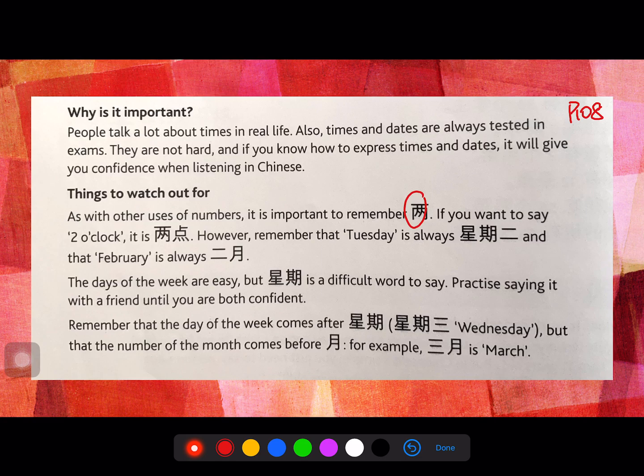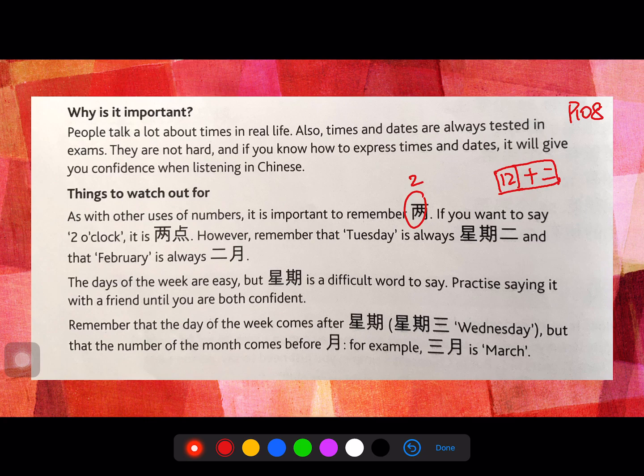No, you only need to change the original number 2 into 两, because other words like 12 are already formed as a new word. 十二, this is a new word by itself. It is nothing to do with 2, it's just 12. So remember it as a whole word rather than splitting it.